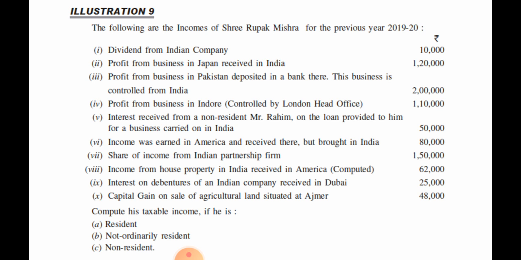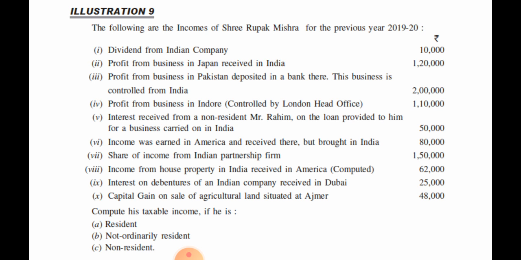It means the receipt on the first occasion is also outside India, but brought in India. Brought means remittance is given. As we have already discussed, remittance does not matter. Earned and received for the first time matters. So purely it is a foreign income. Income was earned in India and received there.